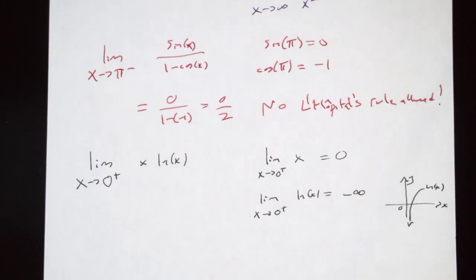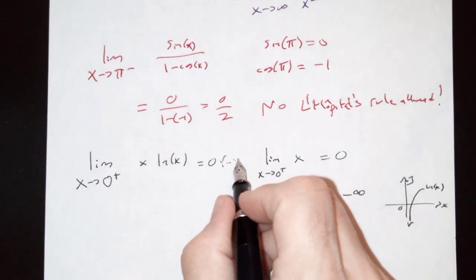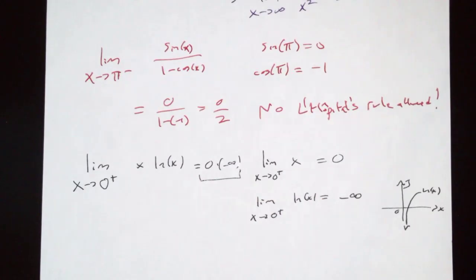I don't know how to multiply infinity. Well, I do know how to divide infinity. Because that's what L'Hopital's rule tells me about, infinity over infinity. But this is 0 times infinity. And that 0 times infinity is still an indeterminate.